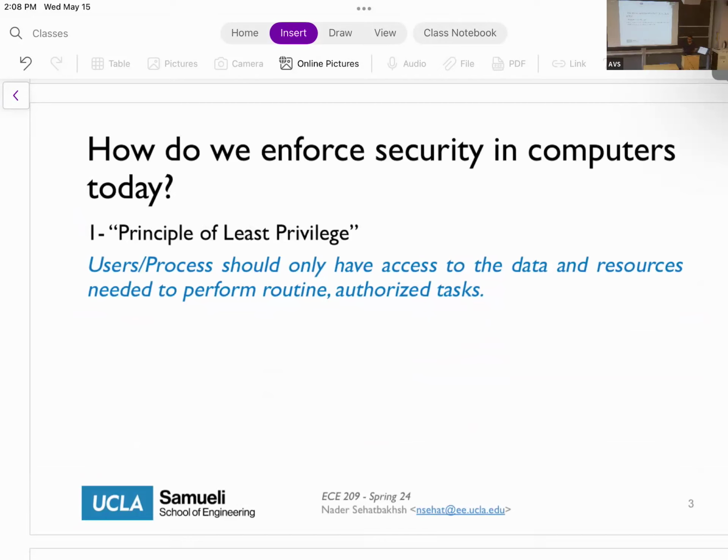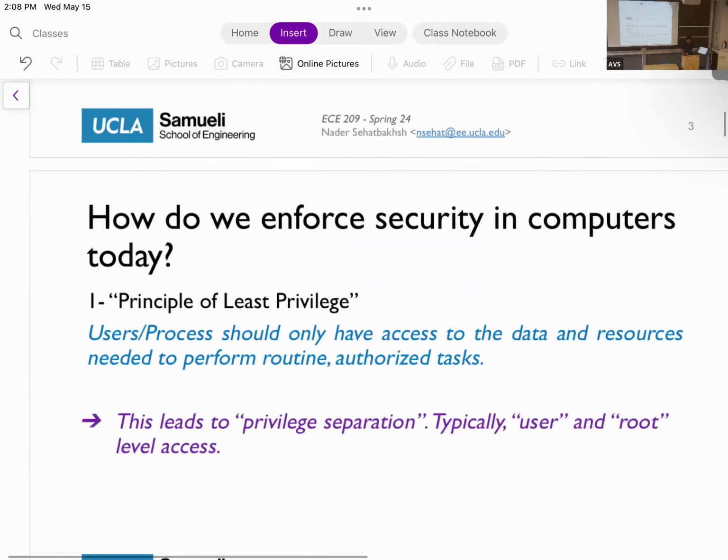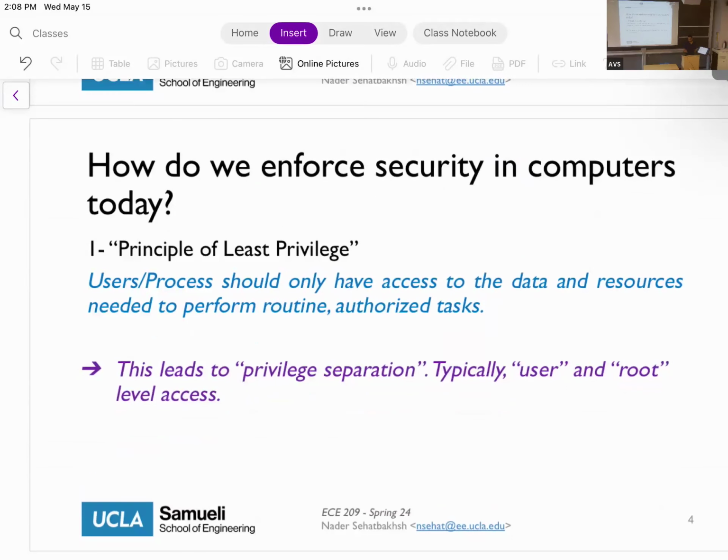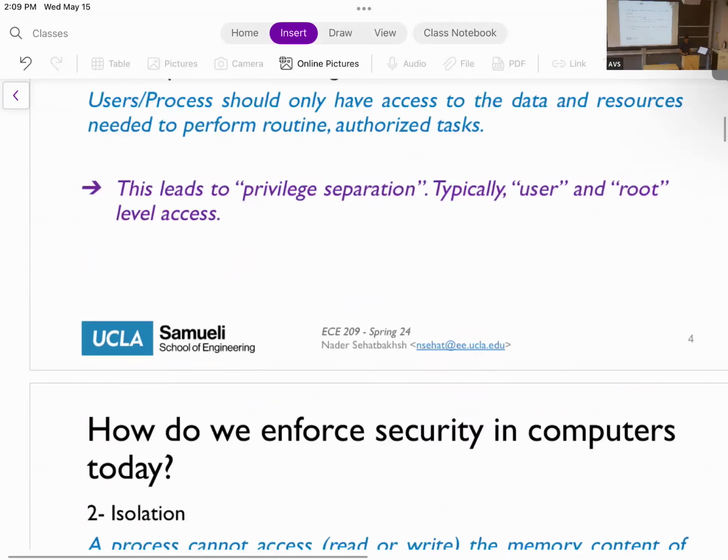The first one was the principle of least privilege, which essentially means we don't give access to certain things, data, and memory if we don't have to. So you have to minimize it as much as you can. And usually we have a root user, but in more modern systems, there are multiple layers, like a machine layer and the root level and so on.